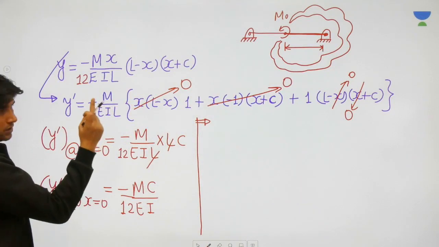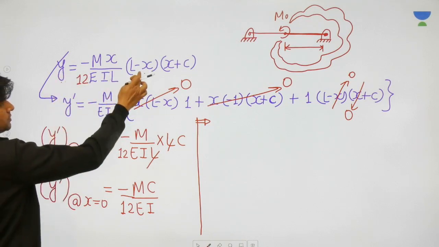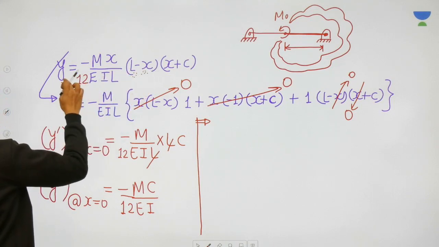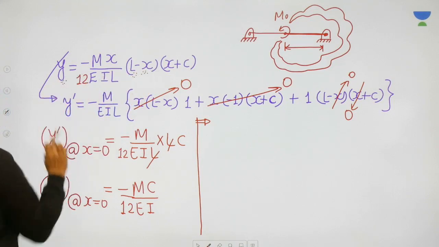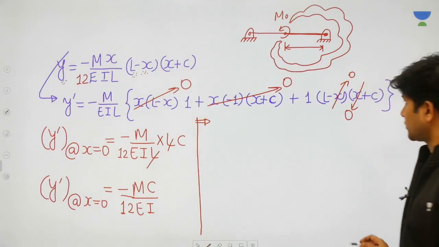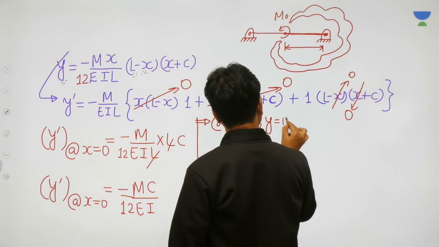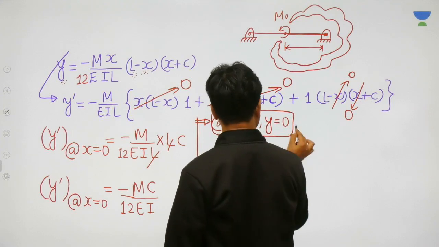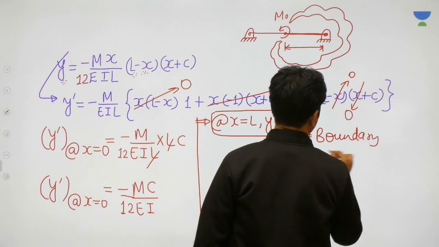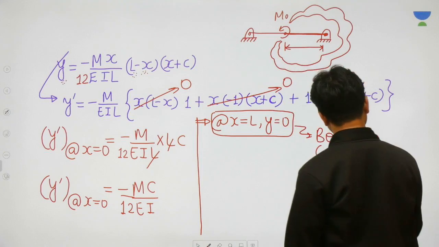But unfortunately, at x is equal to L, y is anyway 0. This boundary condition is not going to help you. It is going to fail here.